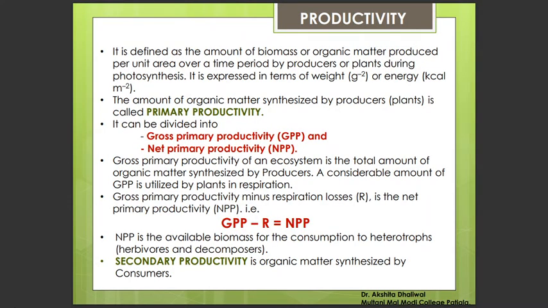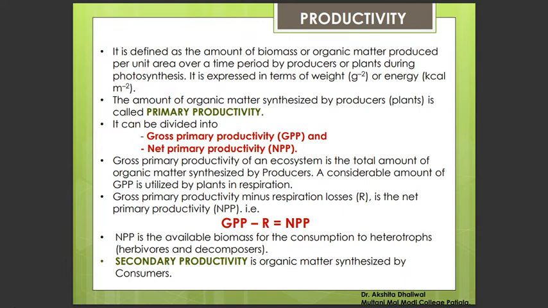First is productivity. A constant input of solar energy is the basic requirement for any ecosystem to function and sustain. The amount of organic matter synthesized by producers is called primary productivity, which is further divided into gross primary productivity and net primary productivity.